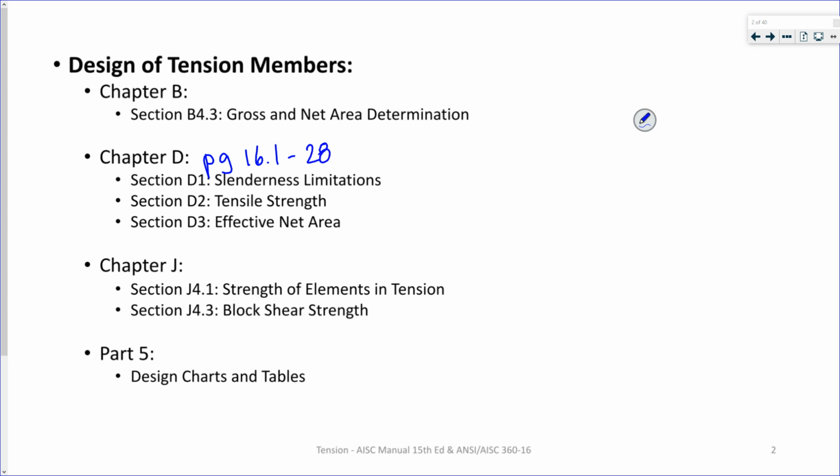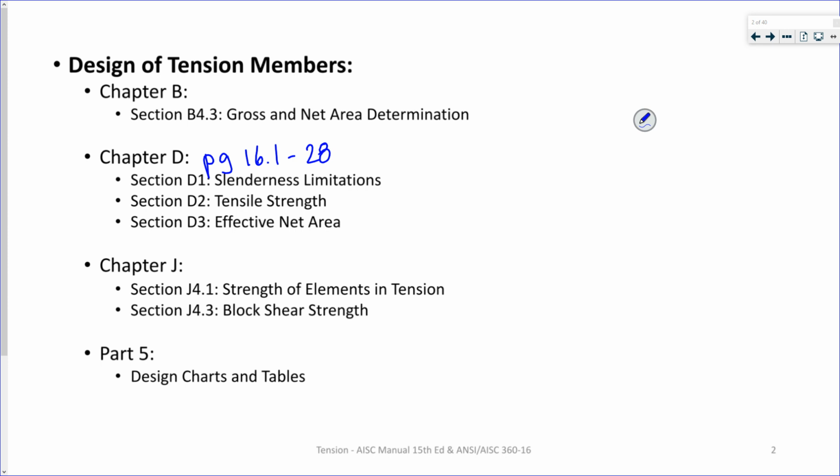It is the design of members for tension. We're going to focus on D1, the slenderness, which is a serviceability limit state, which we didn't talk too much about. Slenderness limitations, tensile strength, D2, and an effective net area. We're not going to go beyond that too much for chapter D.